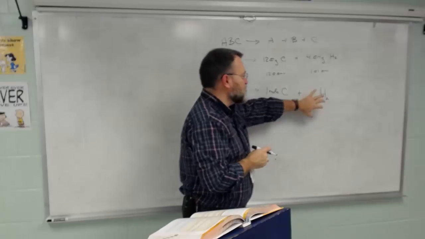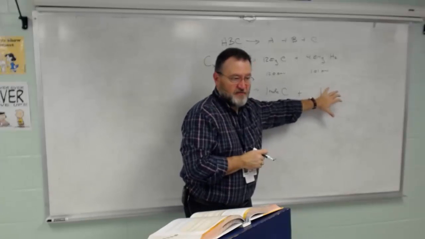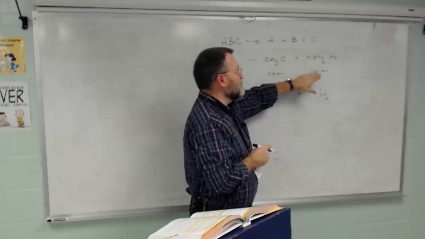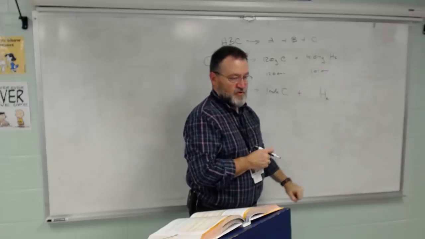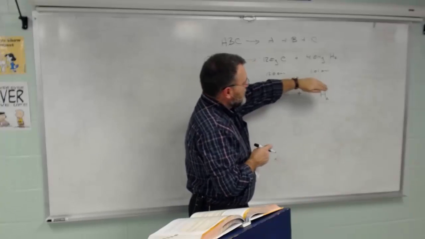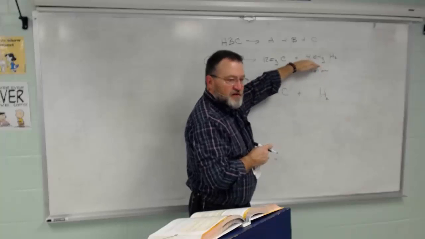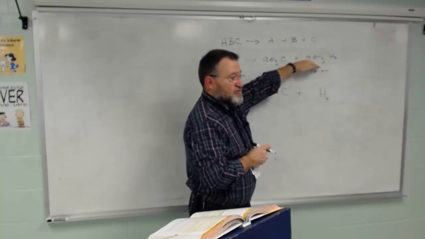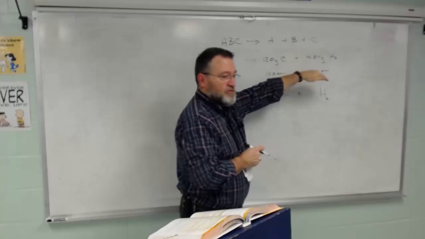So every H2 molecule has a mass of 2.02 AMU per molecule. How many moles of molecule do I have then if each one is 2.02? 2 moles of the molecule.